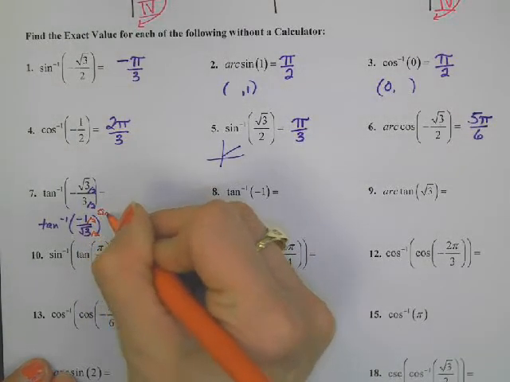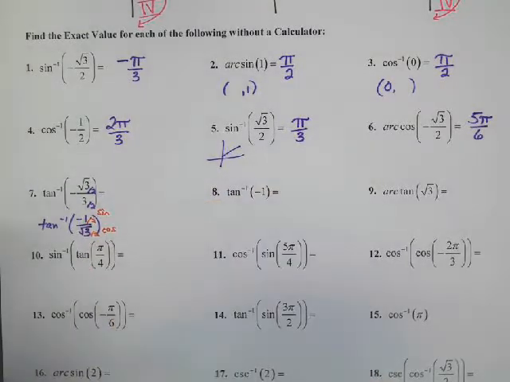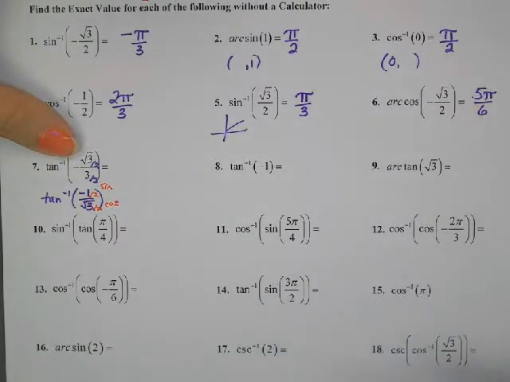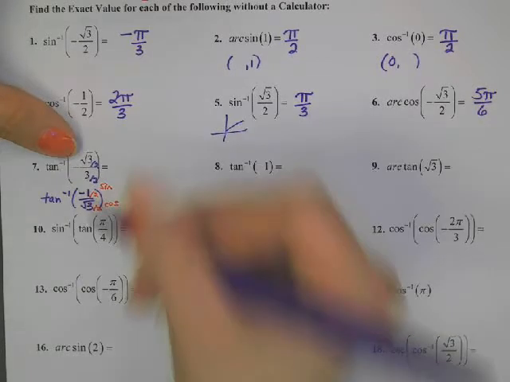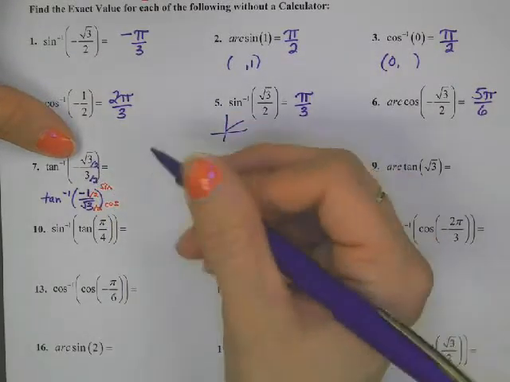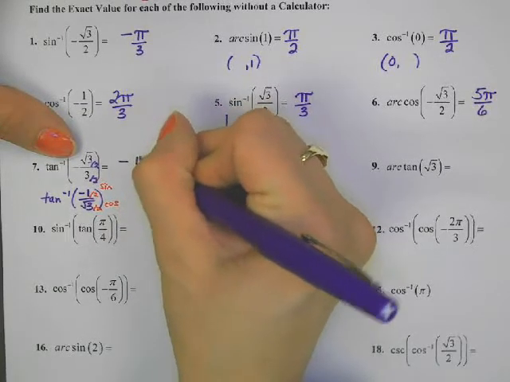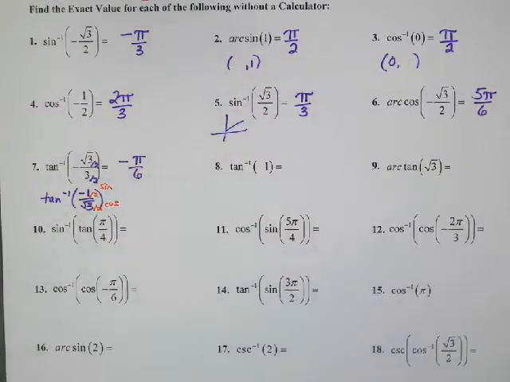So here's the sine, here's the cosine. Negative tangents, you're supposed to look in quadrant 4. And if you're thinking 11 pi over 6, you're in the right spot, but you're not supposed to say 11, you're supposed to say negative pi over 6.